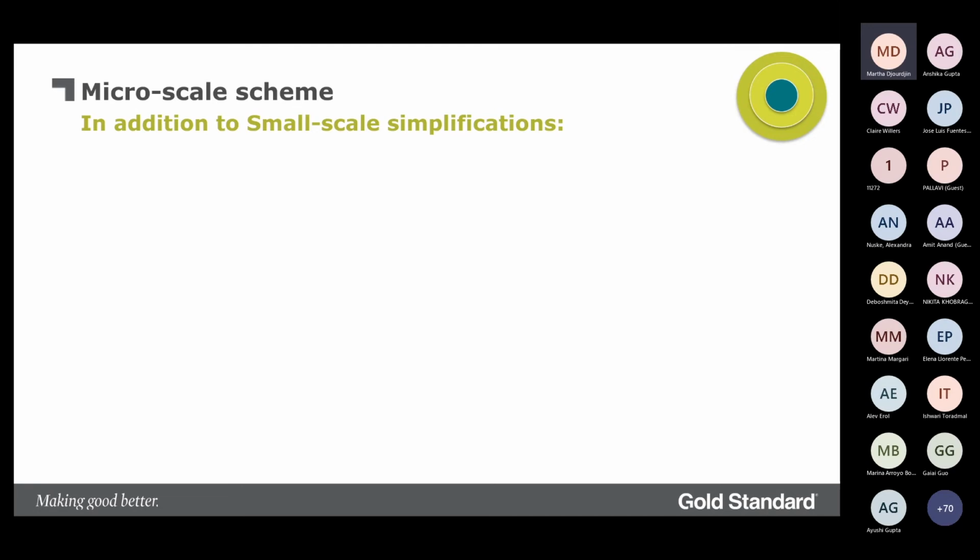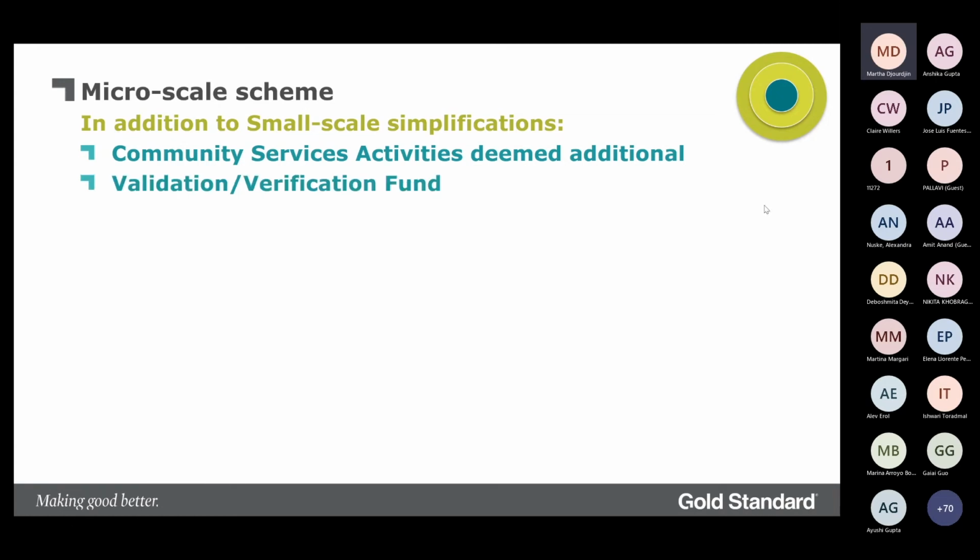So whatever we just saw, if the project is up to, mostly for non-LUF projects, 10,000 tons of CO2 per year, then we have several other advantages. For example, if it's a community services activity, then the project is directly deemed additional. There is no need for demonstrating additionality.